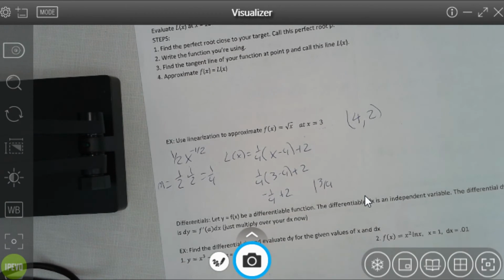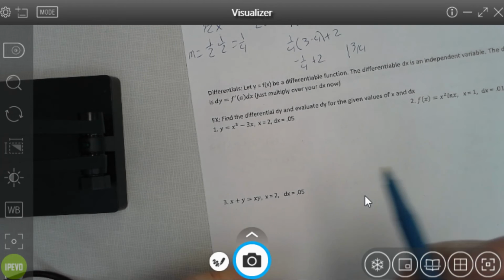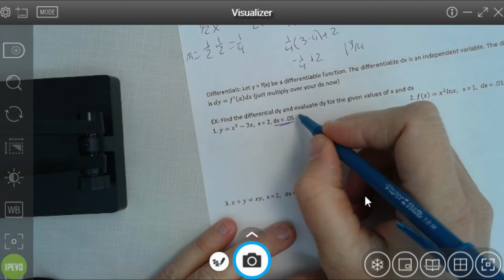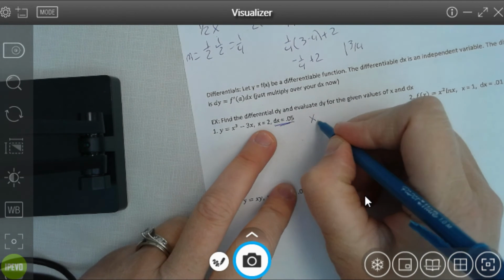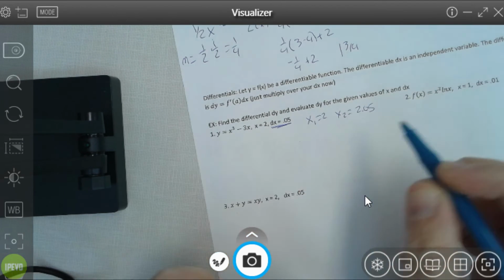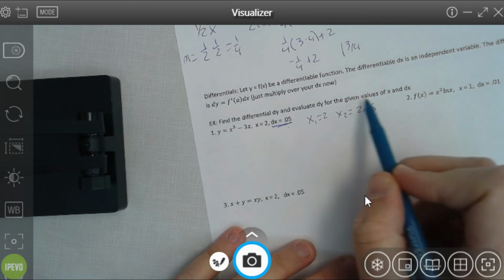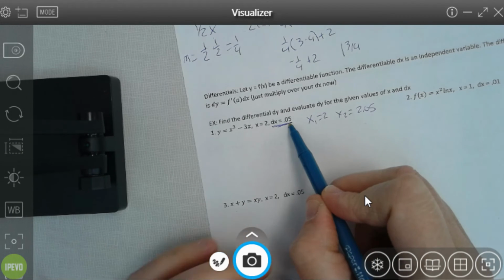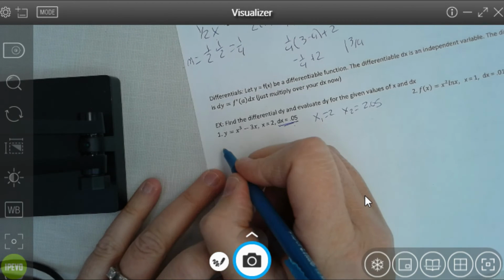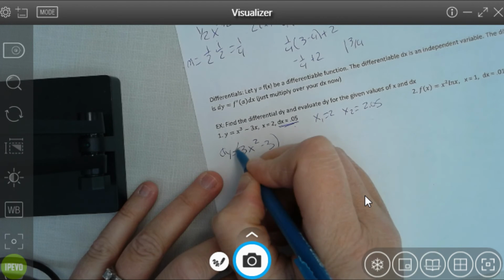This stuff down here, all I'm going to tell you about this is that what the AP exam can do is, when we take the derivative, they could give you a change in x. They could also, instead of giving this to you, say x1 equals 2, x2 equals 2.05. And then you would have to say, oh, well, the change in x is 0.05. So all you would do would be to subtract these two. So if I wanted to know what dy was from this, I would take the derivative, so 3x squared, and there's a dx behind it.